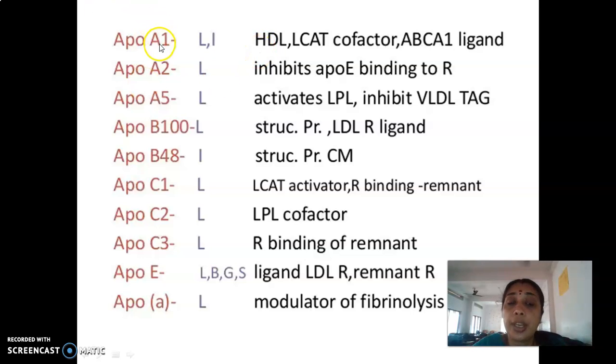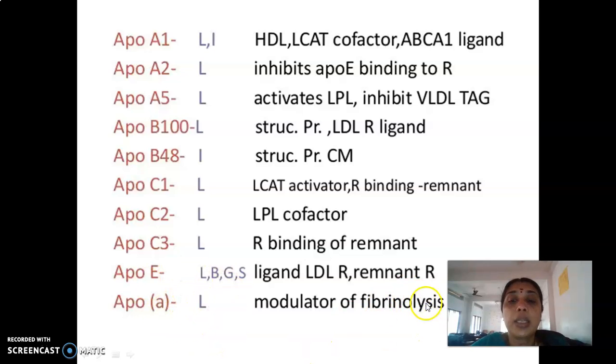But ApoA1 should never be confused with Apo(a). This is bad. It is not at all good, because it is the main cause of clot formation, cardiac arrest and heart attack, due to the high concentration of lipoprotein(a).